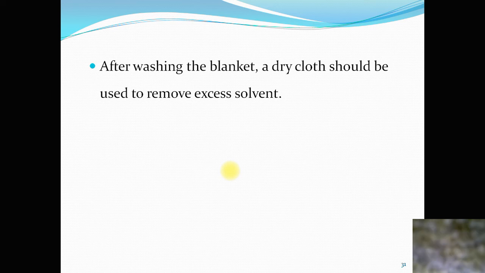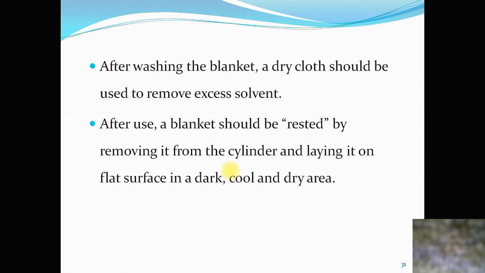The reason is that it will remove the excess solvent. If we let the solvent stay there, what happens? The solvent will be absorbed by the blanket. It should not happen. So immediately after washing the blanket, a dry cloth should be used to remove excess solvent.